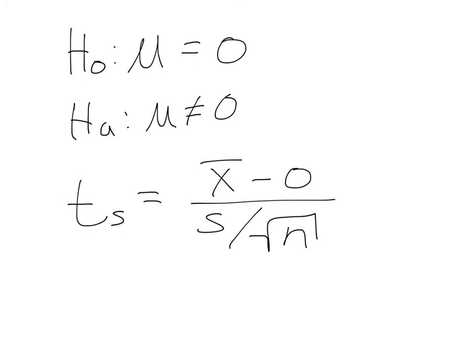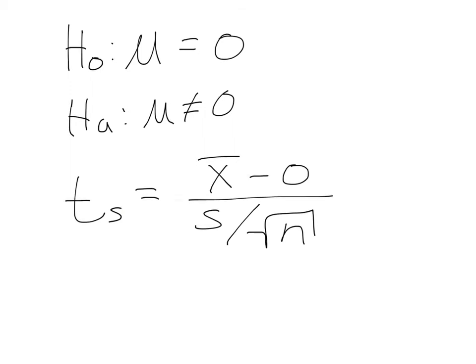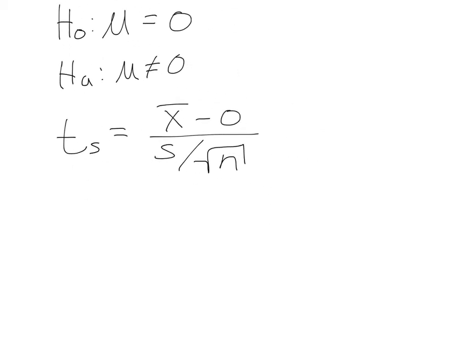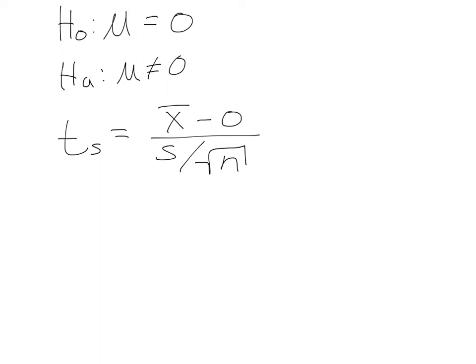A p-value is the probability that the test statistic is at least as extreme as the observed test statistic. All right, so let's write this. Our observed test statistic lies somewhere on the t-distribution.